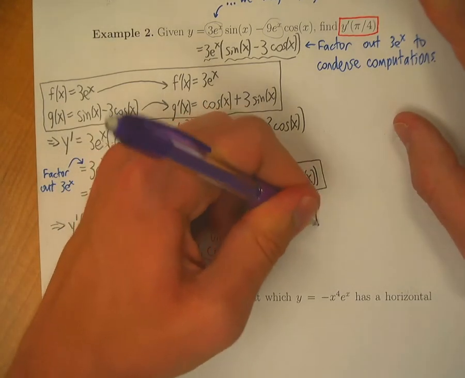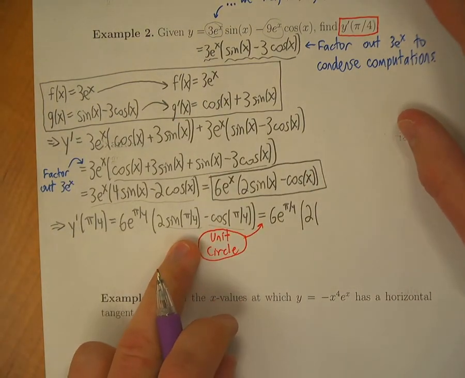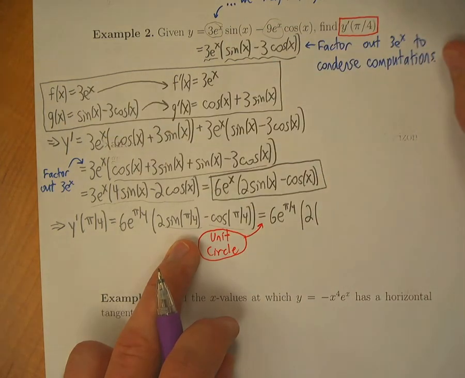Now we have 2 times sine of pi over 4, which is, hmm, is it 1 over 2?